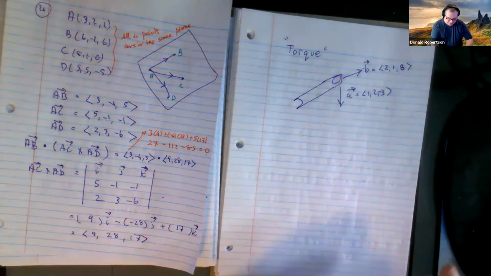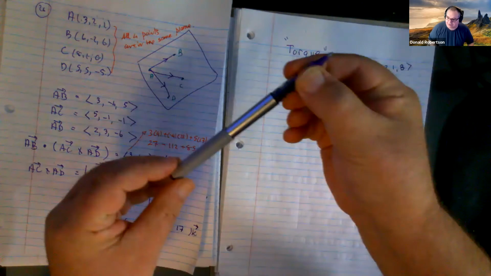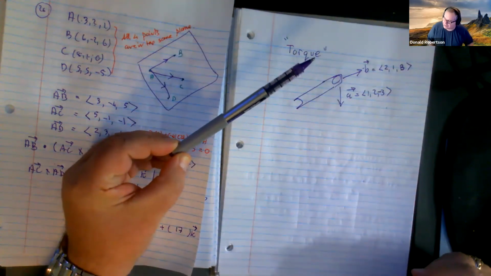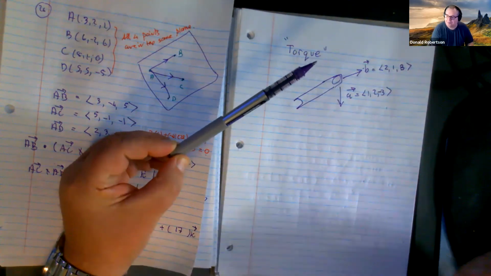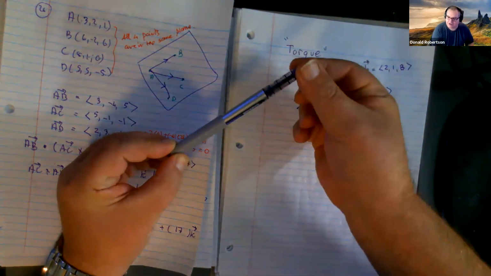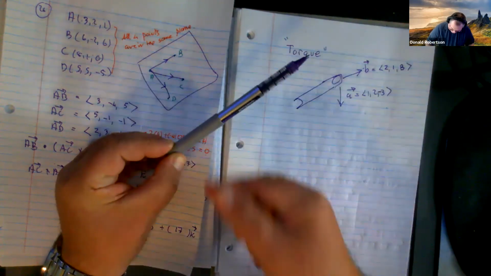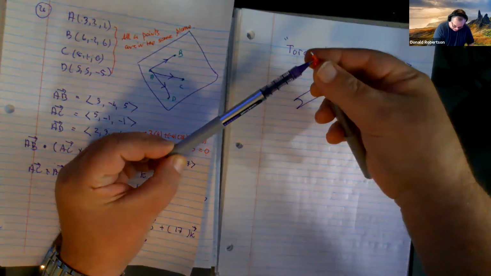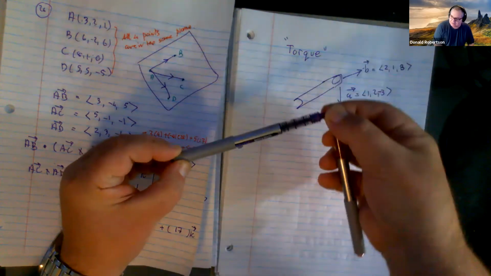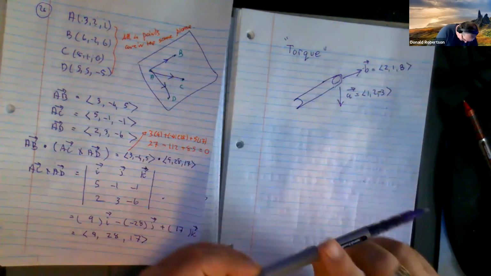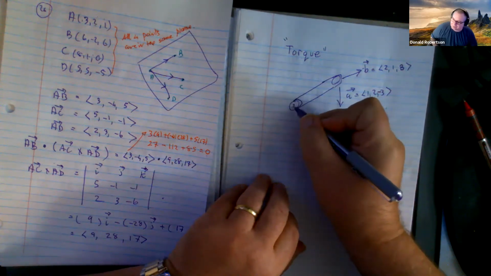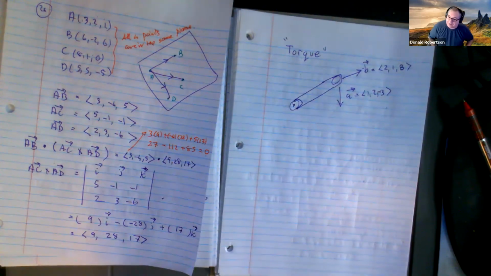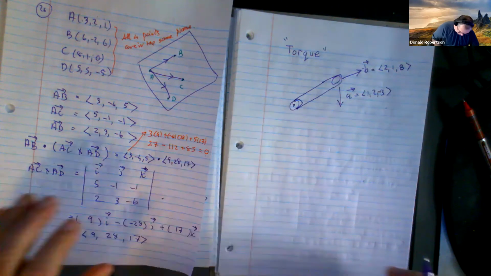So can you imagine that you've got a spanner that's like this? Wrench, I'll call it a wrench for Americans. Spanner is what we call it in Britain, right? You got a wrench, this wrench, and I'm pulling on it in this direction. And I am causing something to happen down here, right? And that thing is torque.